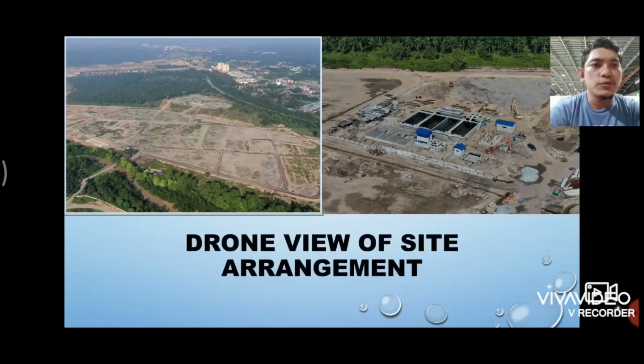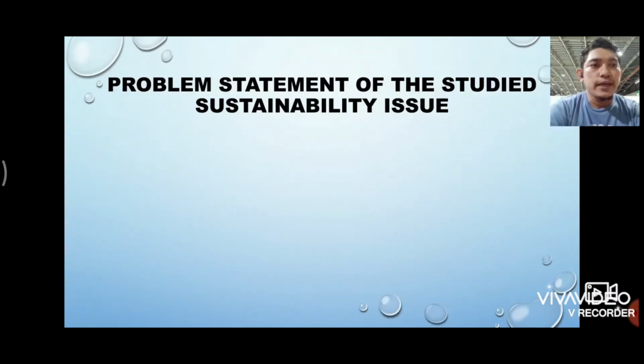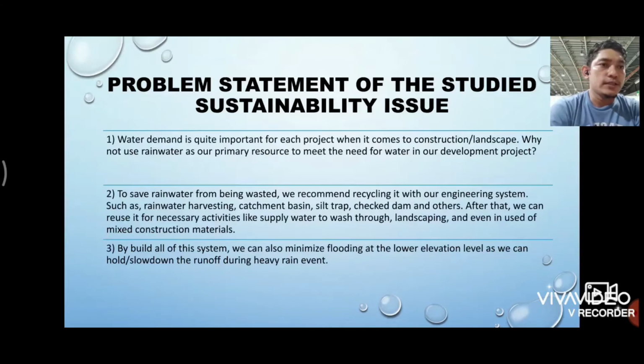From here we can see the drone view of the site arrangement. We can see the flat area which is prone to flooding, and this is the problem statement for which we decided to come up with a sustainable solution.